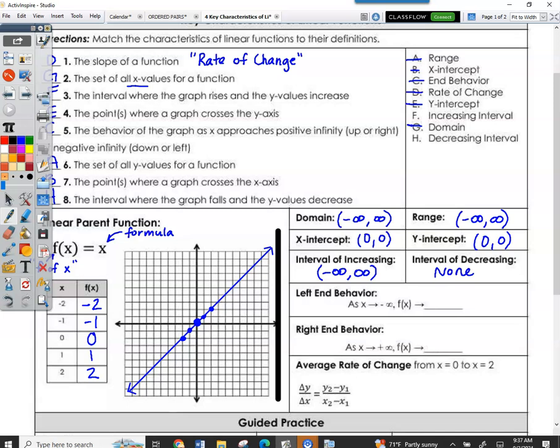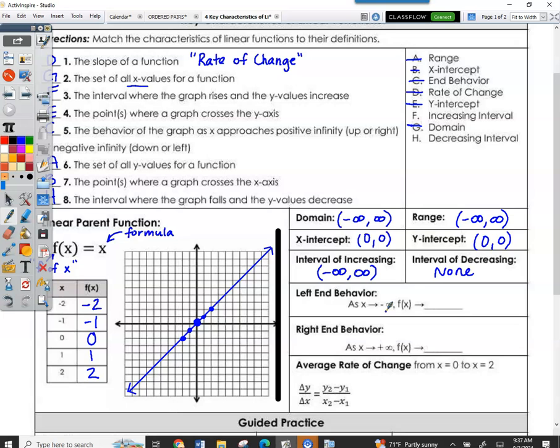Now the next part, what's the left end behavior and the right end behavior? This part looks really fancy, but it's as simple as what's happening to the left of the graph, what's happening to the right of the graph. Let me show you how to read this.